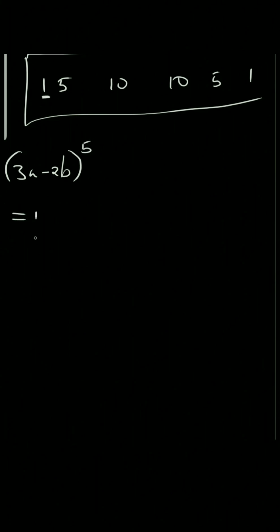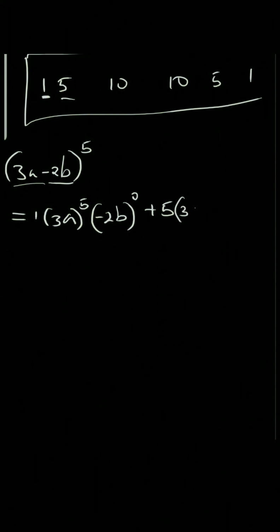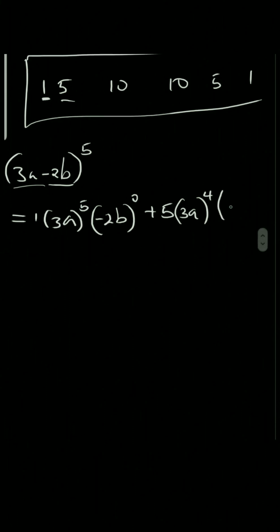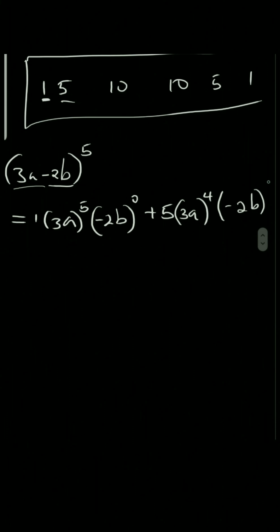So we'll get the first one, which is 1, multiplied by the first part, which is 3a, raised to the power of 5. Then you get the negative also, so it will be negative 2b raised to the power of 0. Then you add the second coefficient, which is 5, multiplied with 3a raised to the power 4, then negative 2b raised to the power of 1.